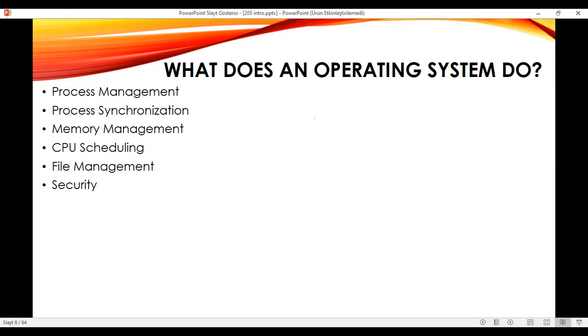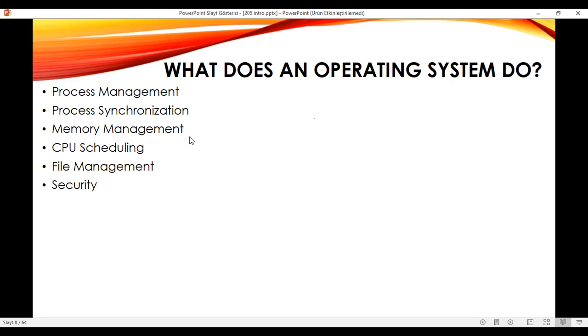A program is source code or data that is on your hard disk, but when you want to run it, it becomes a process. Processes are very, very important because we use them for running the whole system.